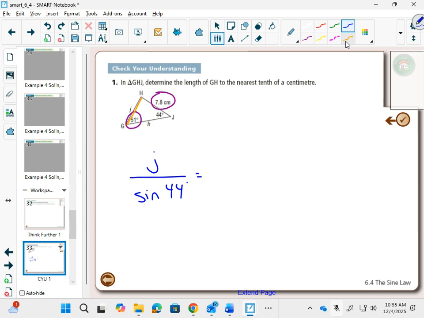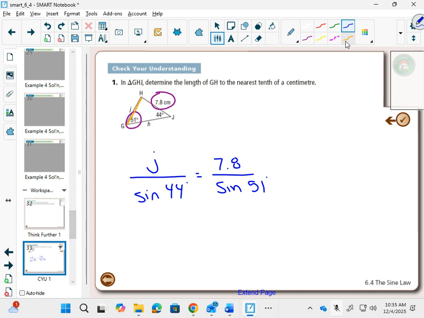Equals, the ones that we know in purple, well, I'm putting the sides on the top and the sine on the bottom. 7.8 has to go with 51. If we put what we want to solve for in our numerator, our algebra is just easier. You could have had the J on the bottom, and you have to do more algebra, which, if you like algebra, maybe you want to do that.